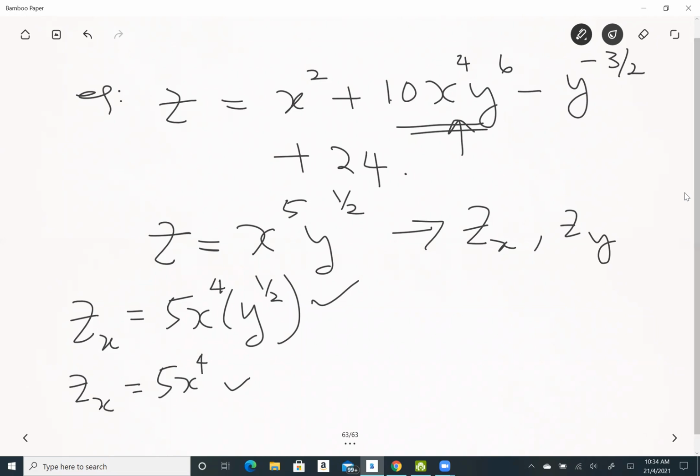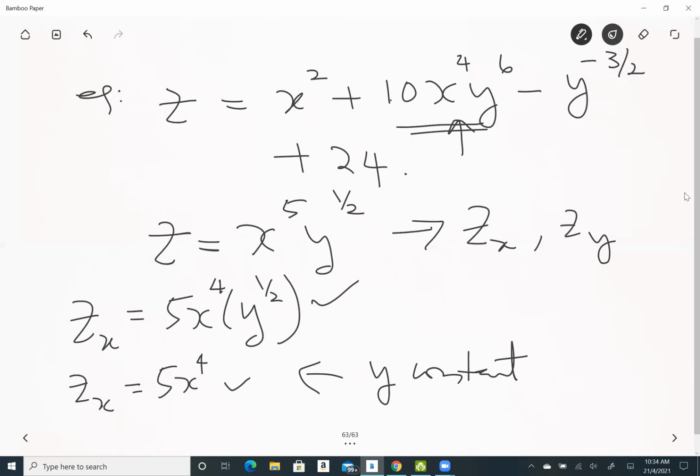Now, why is your answer 5x to the power of 4? Because y is a constant. Now, when y is a constant, that y is multiplied to the x.